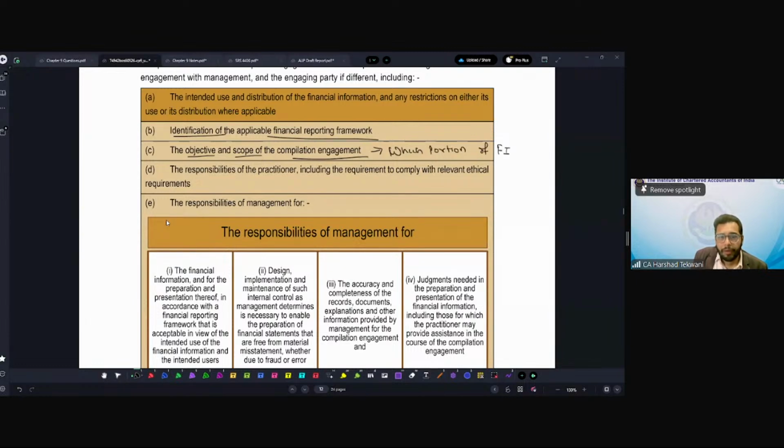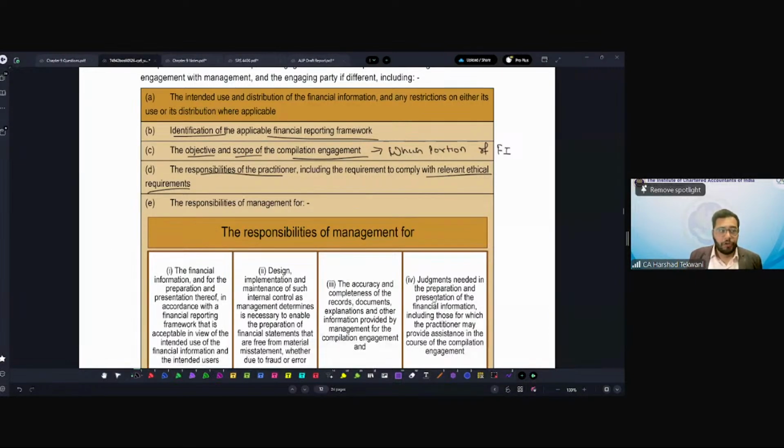Which portion is being compiled by you, or in which portion you are assisting management, how much you are assisting management, the objective and the scope of the engagement, your responsibility as a practitioner. That is to comply with the ethical requirements. Whatever ethical requirements we have discussed, you have to comply with that. That is your responsibility.